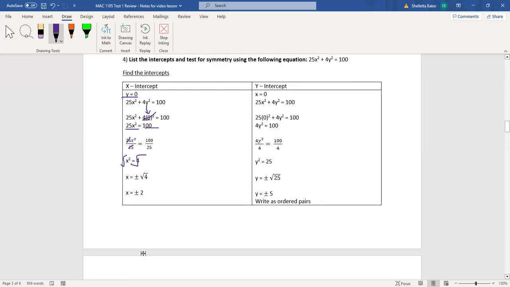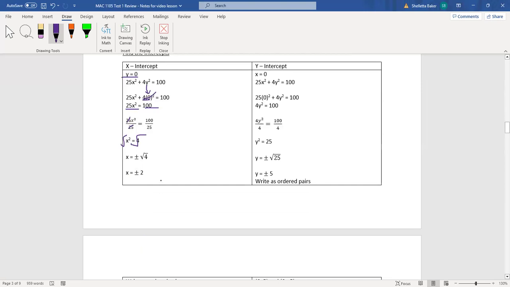But we do want to write those solutions in the form of ordered pairs, right? So we write those ordered pairs as 2, 0, or -2, 0. For the y-intercepts, we substitute 0 for x. When we substitute 0 for x, see this 25 times 0, that cancels out, leaving us with 4y squared on the left equals 100. Divide both sides by 4.